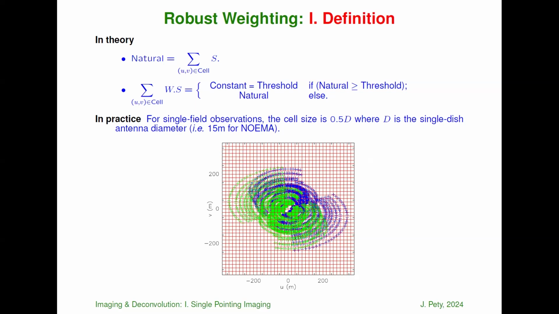Because you don't want to give more weight to noisy samples. You're decreasing the weight where you have plenty of measurements, plenty of signal to noise ratio. You're saturating your signal to noise ratio. But in the outer part, you're keeping the natural signal to noise ratio of the UV plane.